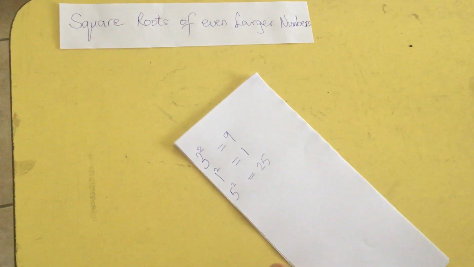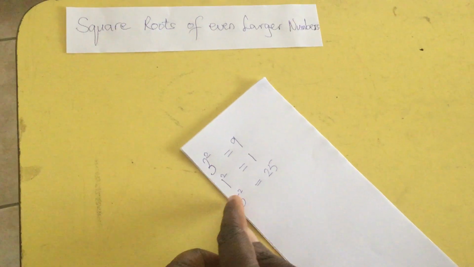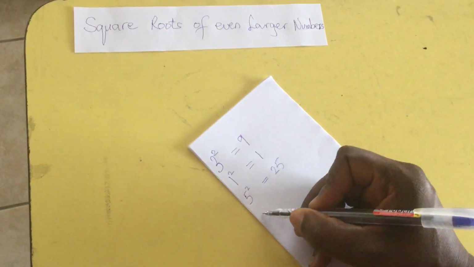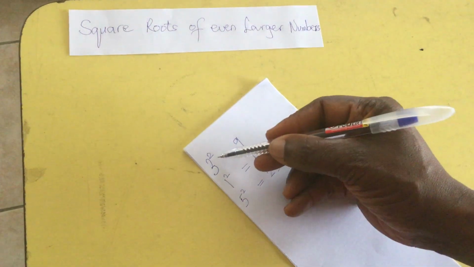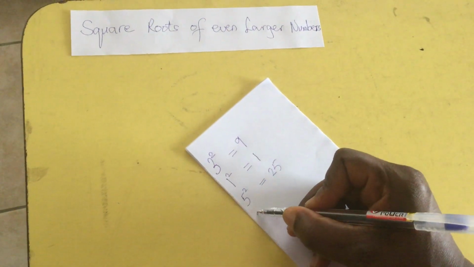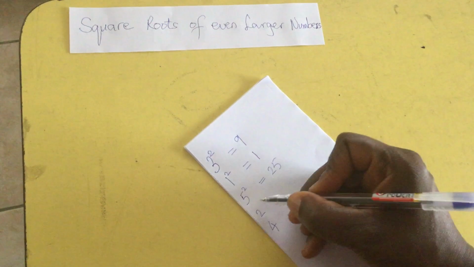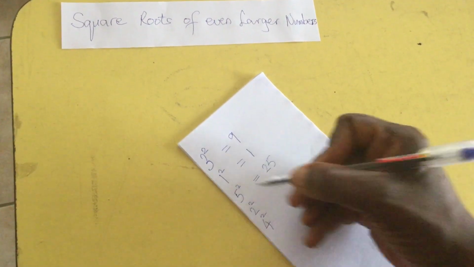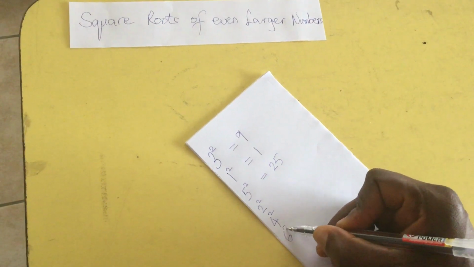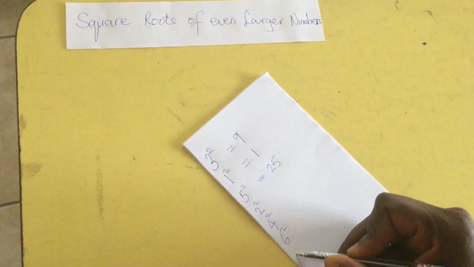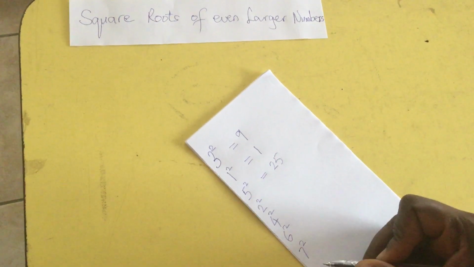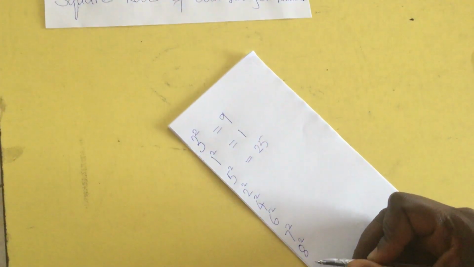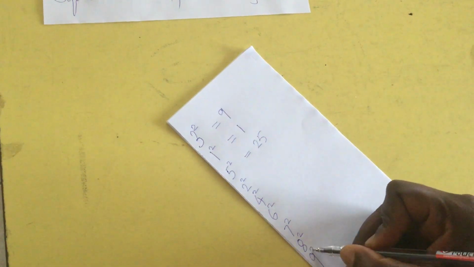So we can see that the values of these numbers, in fact, if we go through our numbers from 1 to 9, if we get the squares of those numbers, 4 squared, 5 squared, 6 squared, 7 squared, 8 squared, 9 squared.